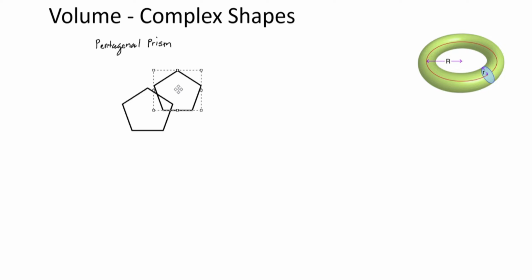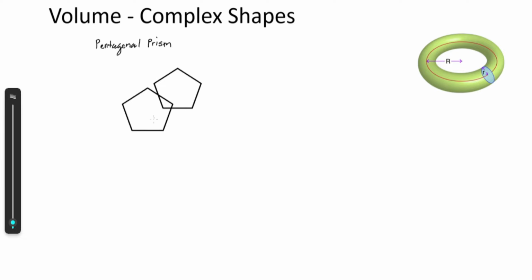It's basically a pentagon, but if you took a bunch of pieces of cut out pentagons on paper and stacked them up on top of each other. Let me make that line a bit more neat. That's what a pentagonal prism looks like.